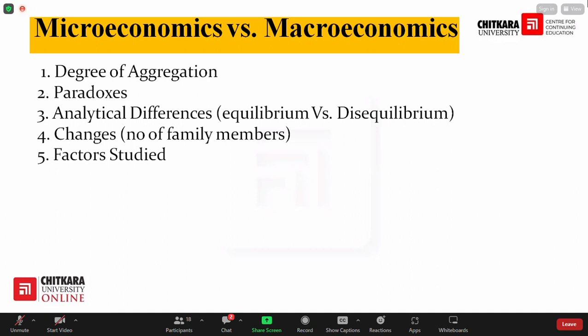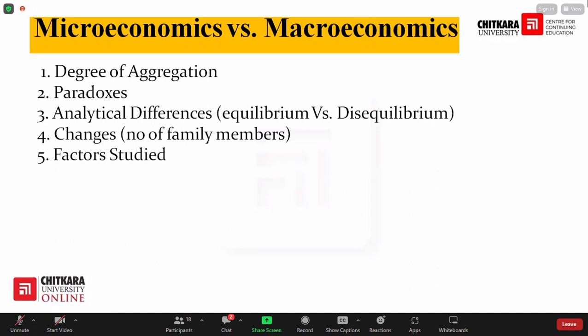That may happen. So what will happen? At the micro part, the changes are taking place. But at the macro part, the total population is the same. Because in some families births are taking place and maybe in some families deaths are taking place. So both things balance each other. So sometimes there is no change in the total population at the macro part, but yes, at the micro part there is a change.